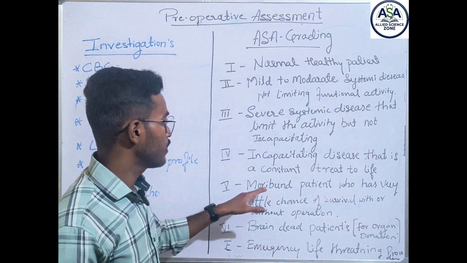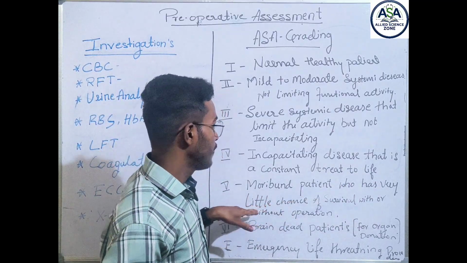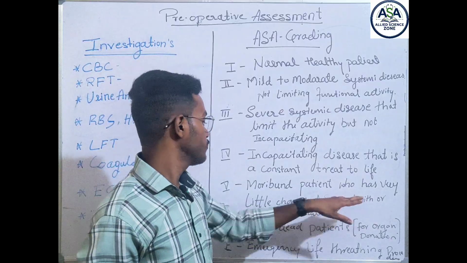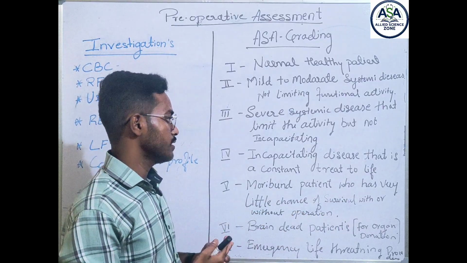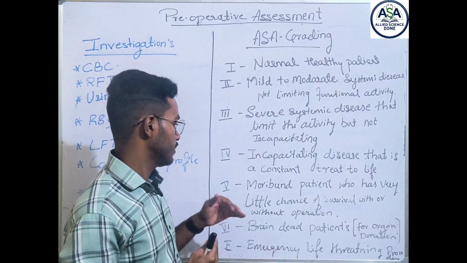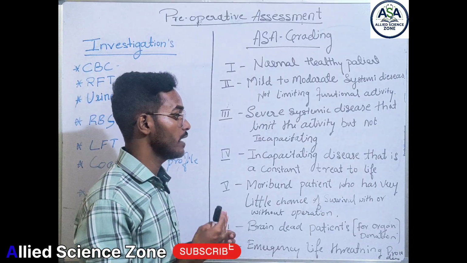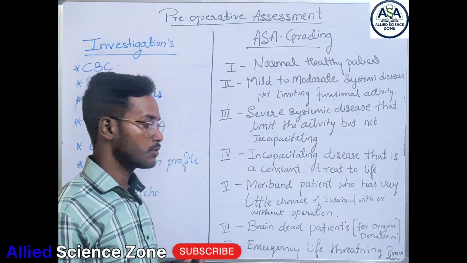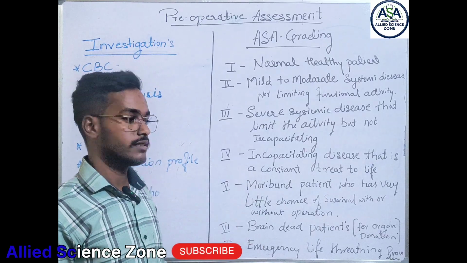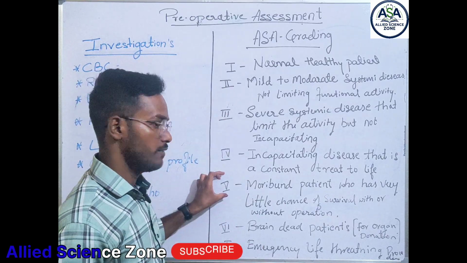ASA 5 is a moribund patient who has very little chance to survive with or without operation. Such a patient comes under ASA 5.